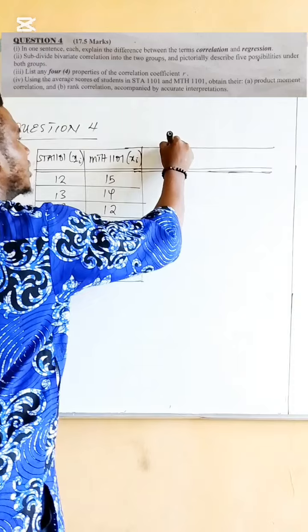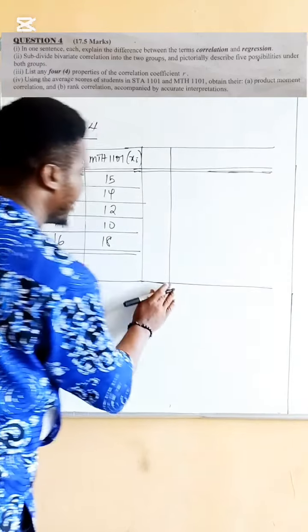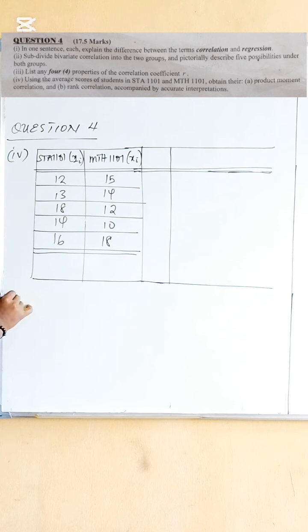So I'm going to write out the formula for the product moment correlation coefficient, otherwise called Pearson's correlation coefficient.